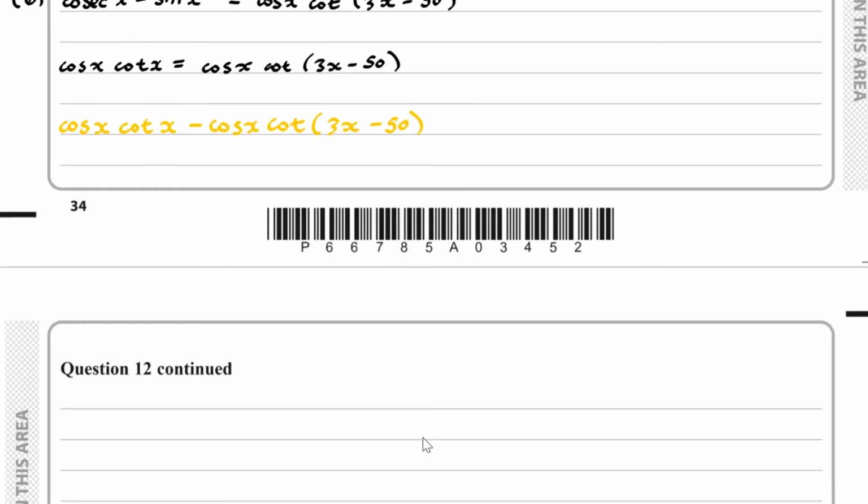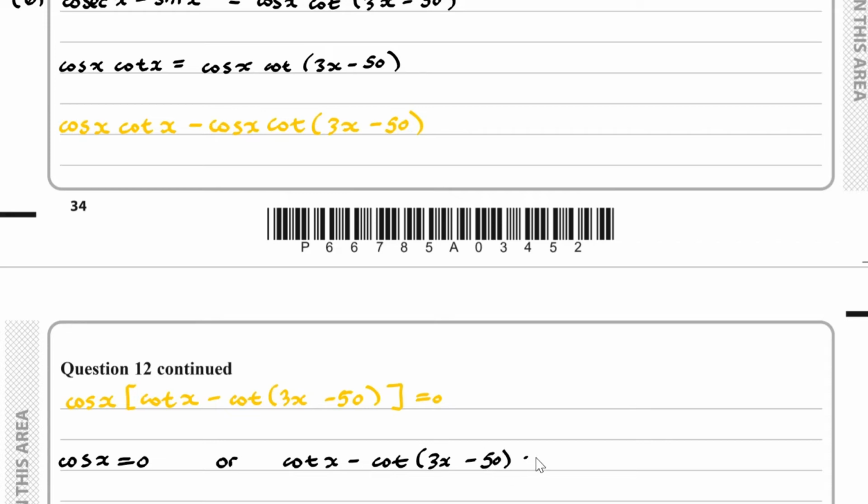We can factorise out a cos x. So we have cos x lots of cot x minus cot of 3x minus 50 equals 0. And then from this you should be able to see that cos x equals 0, or cot x minus cot of 3x minus 50 is equal to 0.